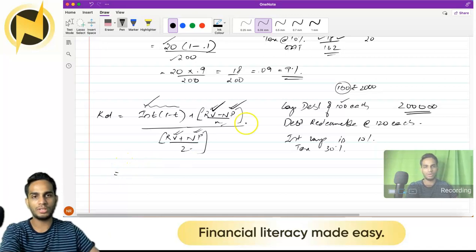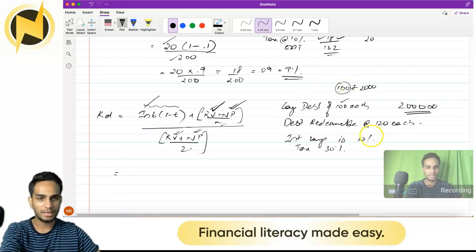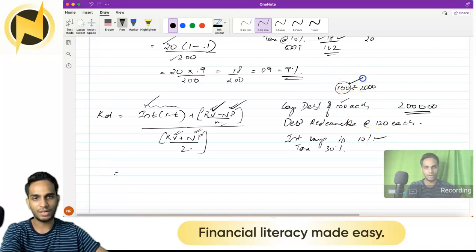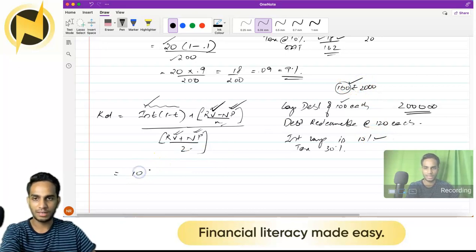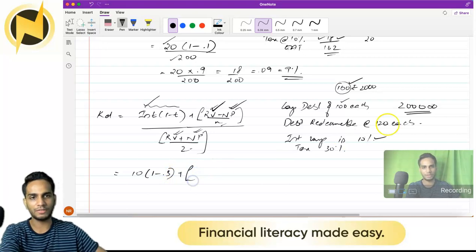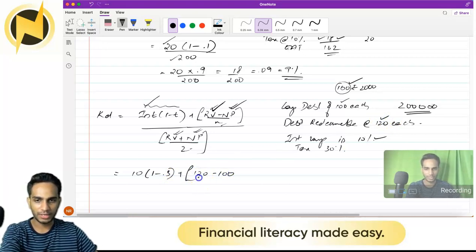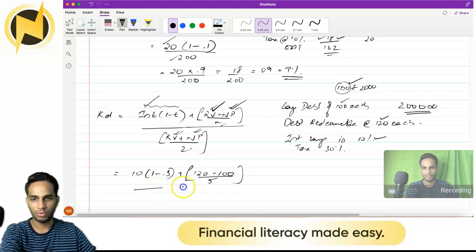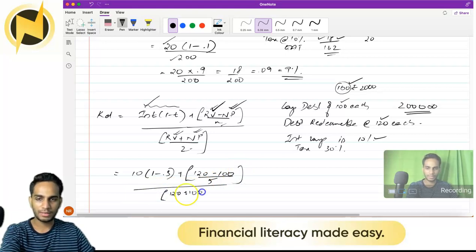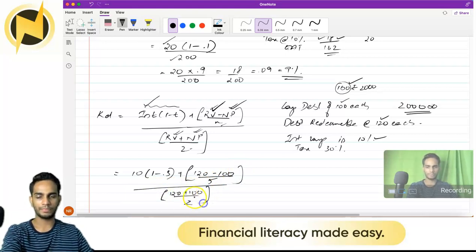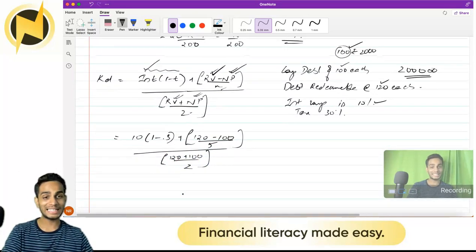So for a single security, what is interest? Interest is 10% of 100. So 10% of 100 is 10 into 1 minus 0.3 plus what is the redemption value of the single security? 120. 120 minus net proceeds of 100, the whole divided by N. Say this is a 5-year debenture, divided by 5. The whole divided by 120 plus 100 divided by 2. This is how you do it based on a single security.